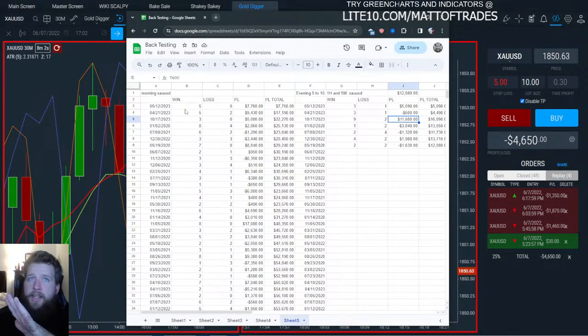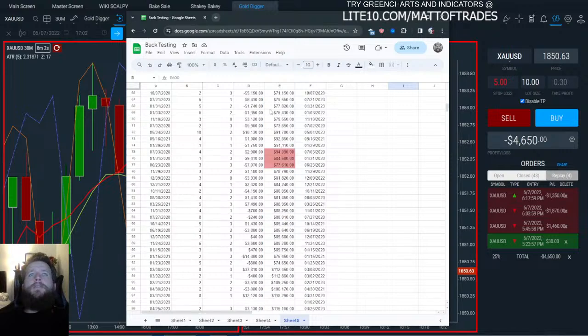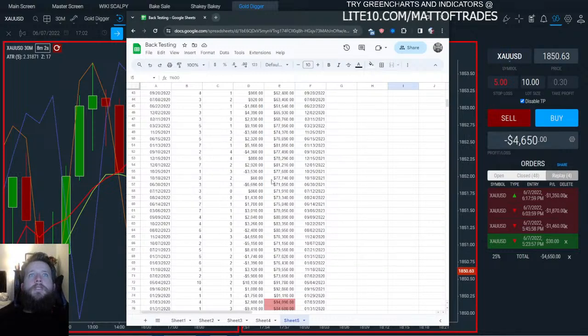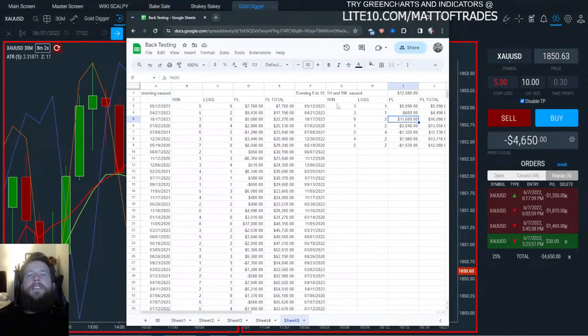Again, trading 10 lots, and we're not doing the exact same strategy we've been doing, but pretty similar ideas at least. But gold, after 100 trading days, we would have yielded almost $120,000 of profit. So I'm hoping to get similar results with a strategy in the evening time.